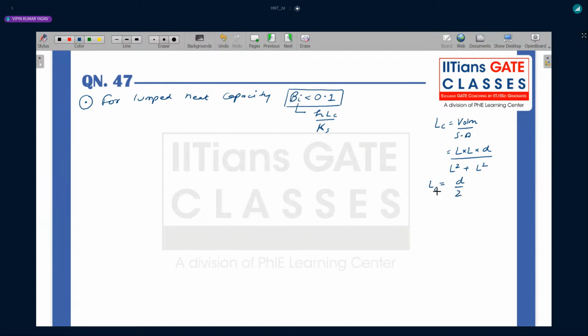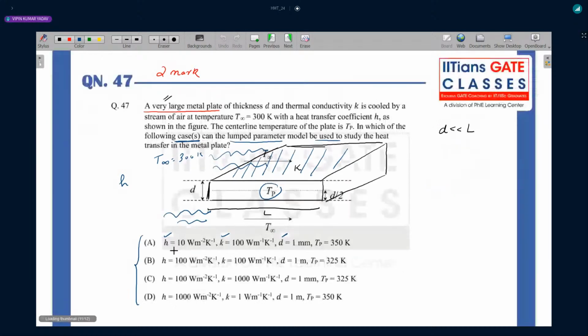Okay. Now let us see all the options. Option A: h is equal to 10 watt per meter square Kelvin, k is equal to 100 watt per meter Kelvin, and diameter is equal to 1 millimeter. I have to convert this into meter because everything else is in meter.